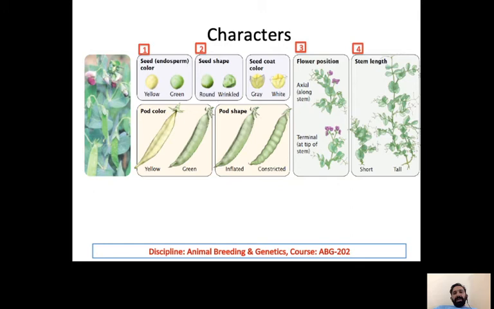Then the stem length, whether it is a short plant or a tall plant. For pod, you study the pod color, yellow or green. Then the pod shape, inflated or constricted. So these six characters were studied by Mendel to establish his laws.